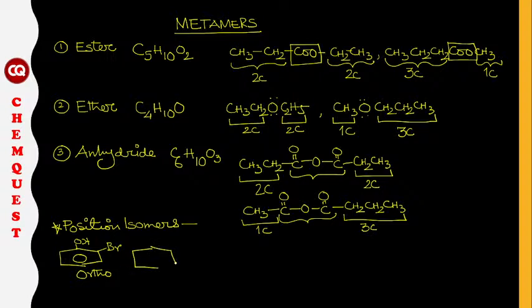Bromine in the meta position is known as meta-bromophenol. And bromine just opposite to the OH group is known as para-bromophenol. These are changes in the position of the group, like a double bond also.